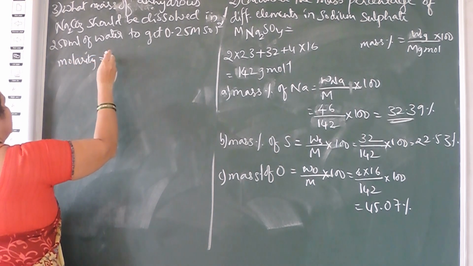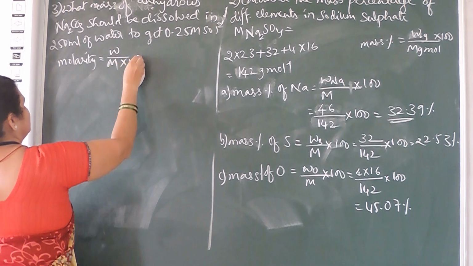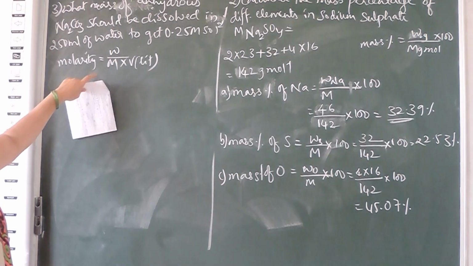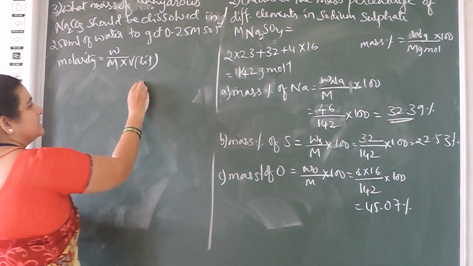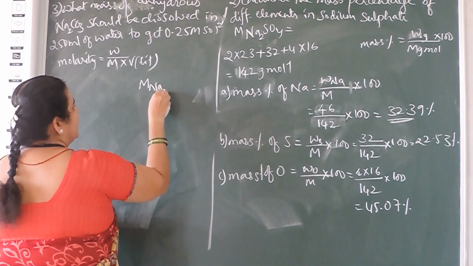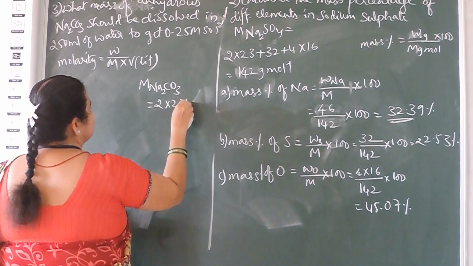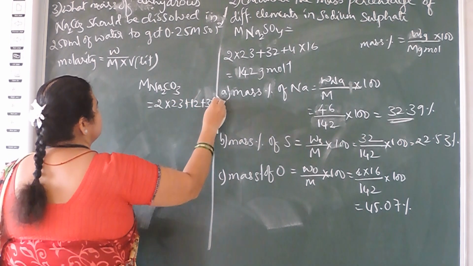Molarity is equal to mass divided by molar mass into volume of the solution in liters. Now mass of the anhydrous sodium carbonate is required. For that I require the molar mass of sodium carbonate, that is 2 into 23 plus 12 plus 3 into 16.